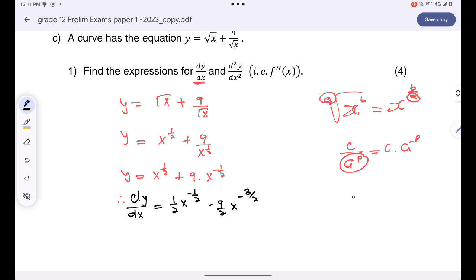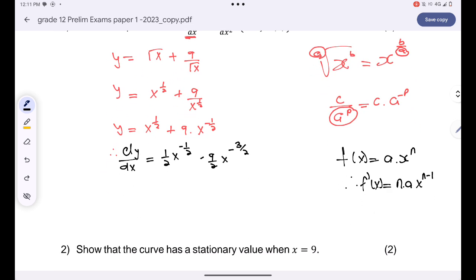Remember that, guys, for a derivative, if f of x is equal to a times x to the power n, therefore your derivative is just n multiplied by a times x to the power of n minus 1. Just take the exponent, multiply the base by the exponent, and then subtract 1 from the exponent.